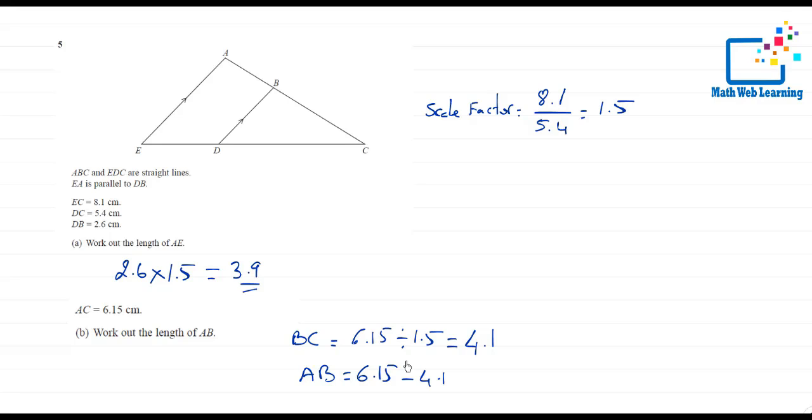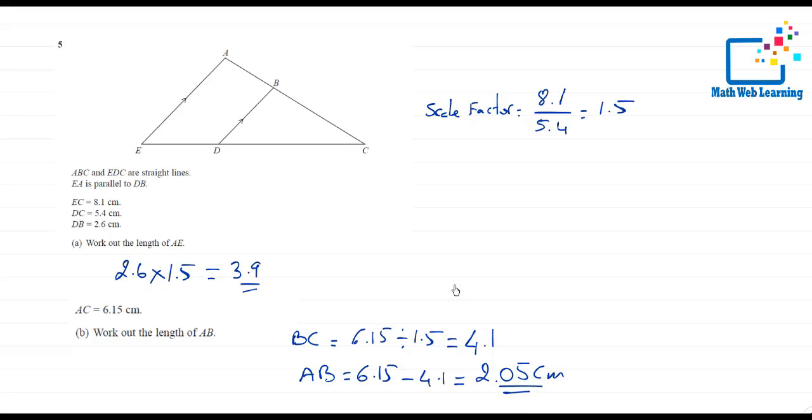Sorry, I made a mistake: 6.15 minus 4.1. Okay, that's right, 2.05. That says 2.05 centimeters, and that is your answer.